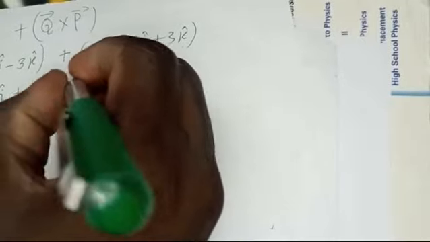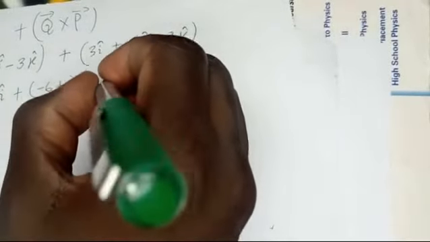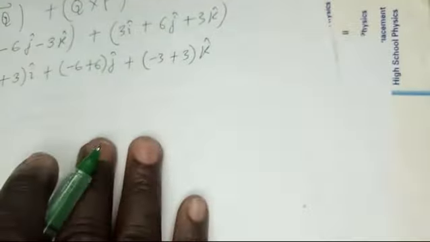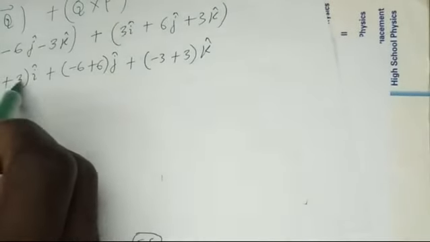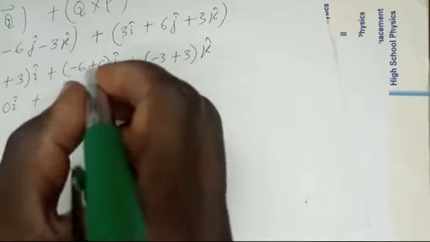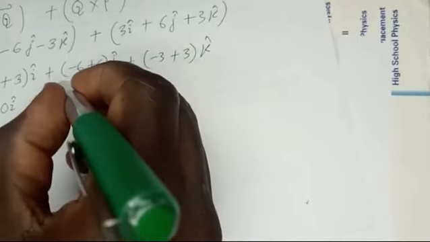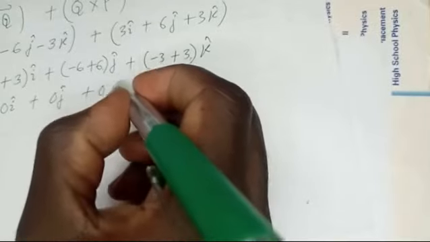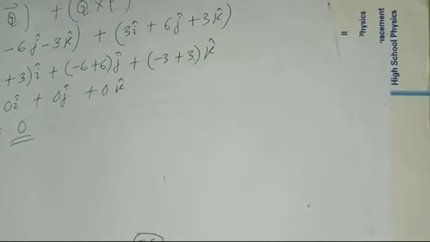Plus, you have minus 6 here and plus 6 here. This is for J cap. Plus, here you have minus 3 and here plus 3, and this is for K cap. So minus 3 plus 3 is 0 I cap, then minus 6 plus 6 is also 0 J cap, and minus 3 plus 3 again 0 K cap, and everything becomes 0.